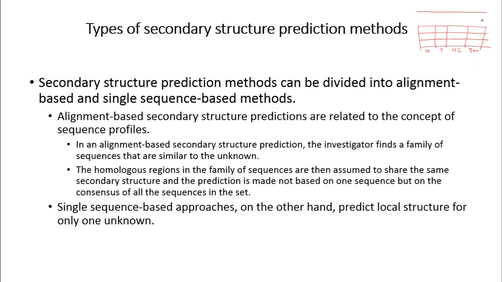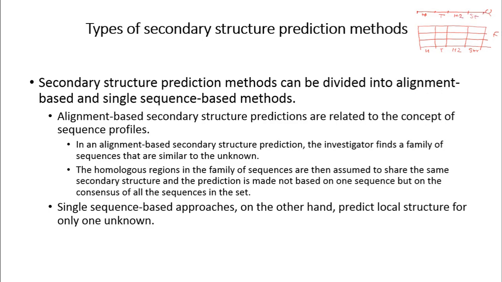Since your sequence is highly similar to the sequences present in the family, based on this analysis you can easily say that since our query protein also belongs to this family, it is entirely possible that from here to here it might have a helix, from here to here it might have a turn, from here to here it might have another helix, and from here to here it might have another strand.